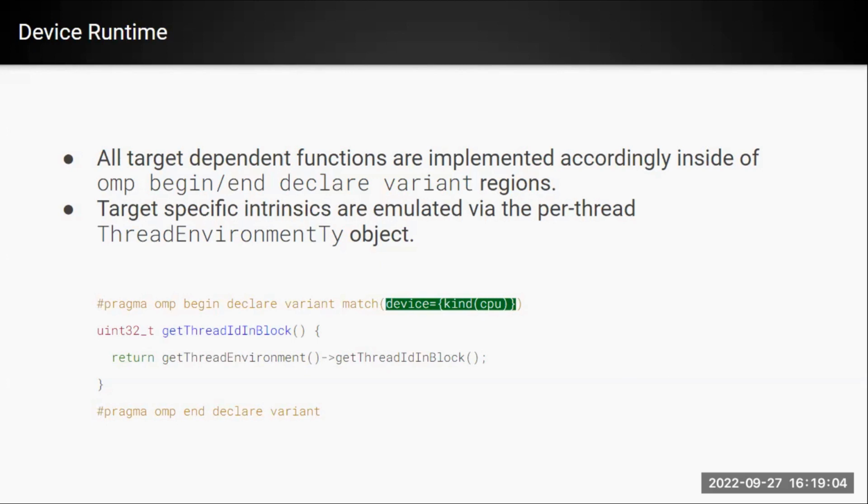That is how we do a single source code base, but we can compile it for all kinds of architectures. And then the implementation is always roughly the same. Get the appropriate environment and read the value out. And in the environment we store values for each thread, and the thread environment is per thread, so it's thread local.